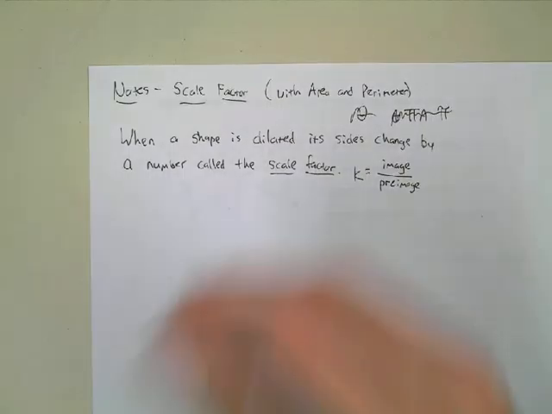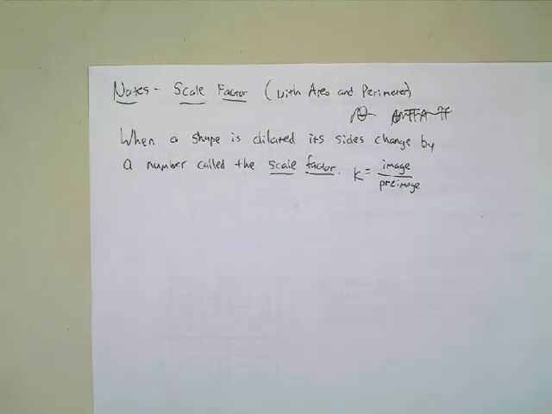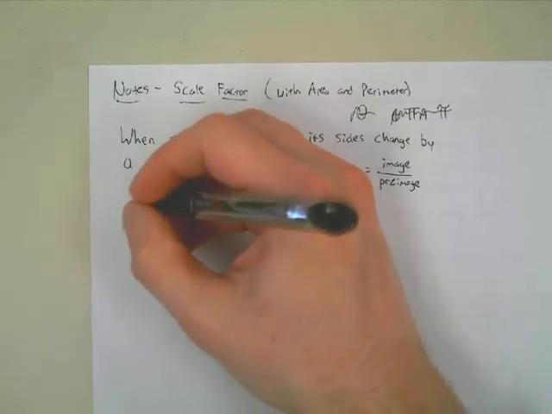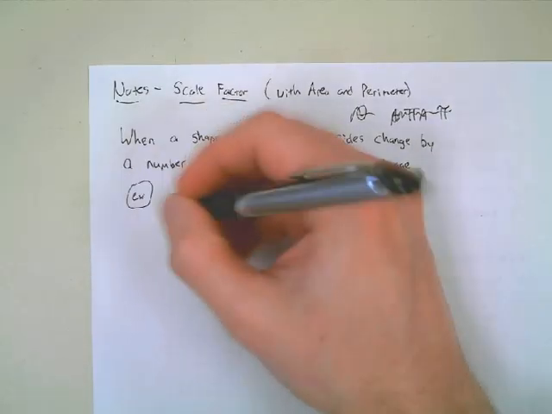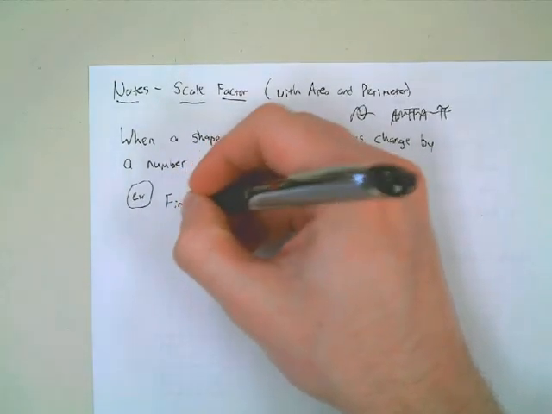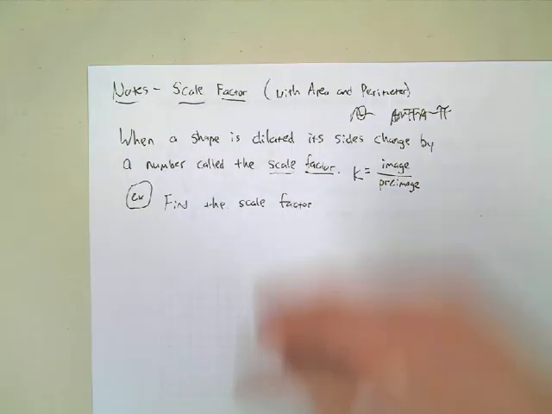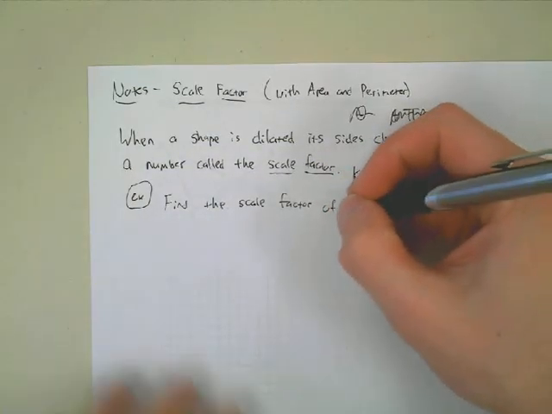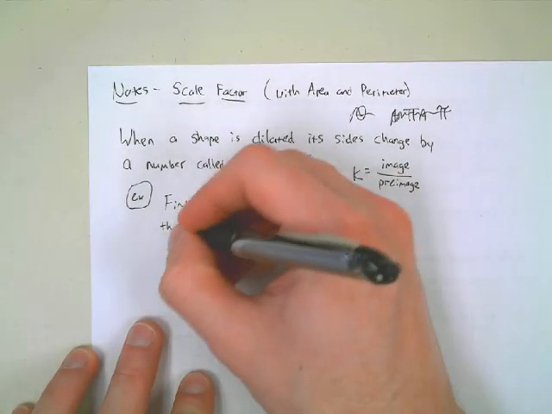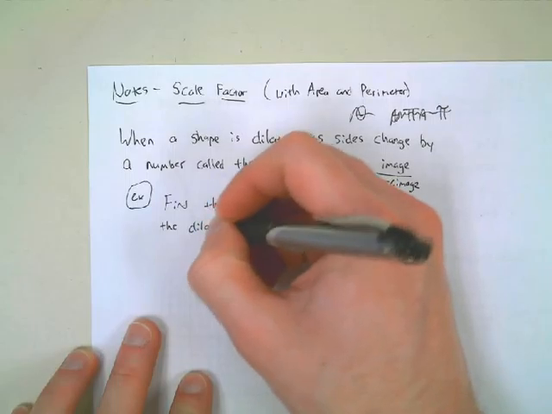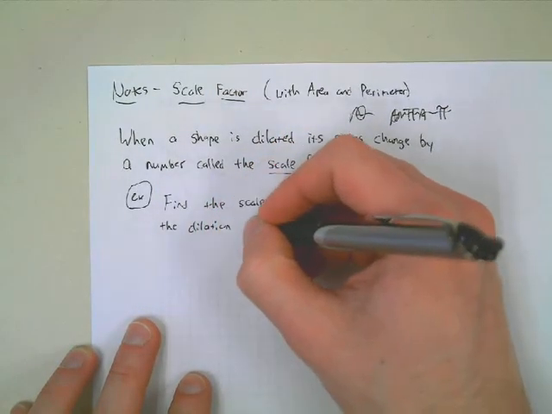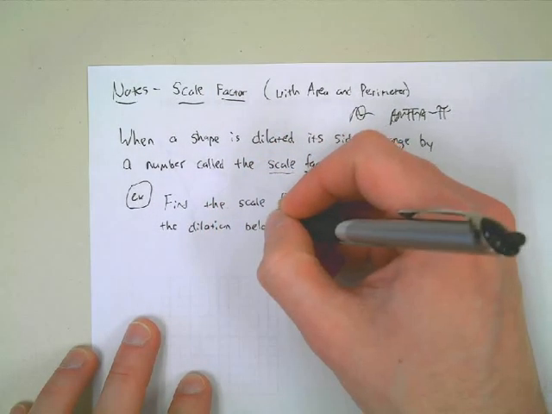Anyway, so k, like I said, is our variable for scale factor. So let's just do an example here. Let's find the scale factor of the dilation below.